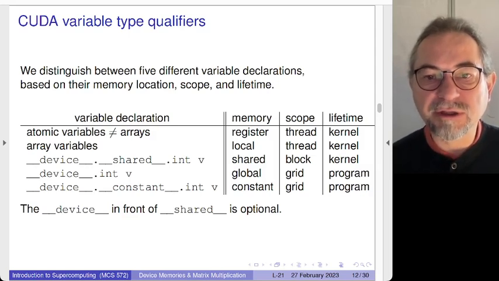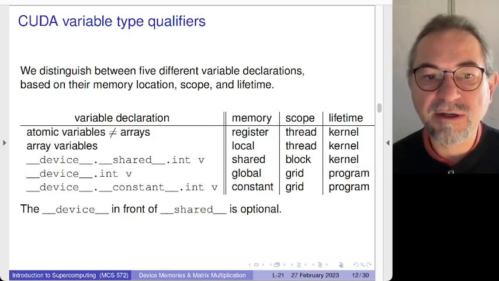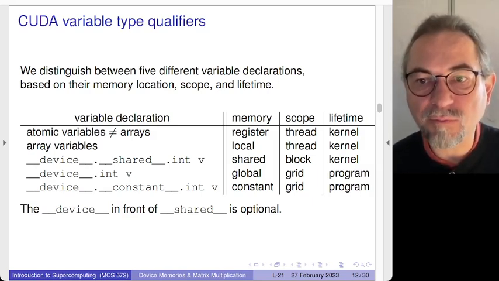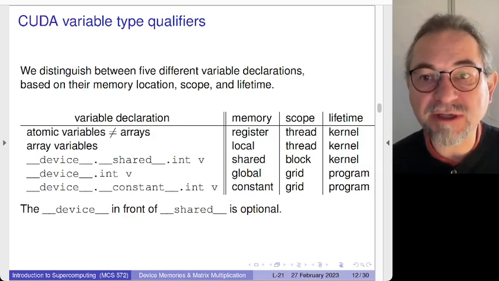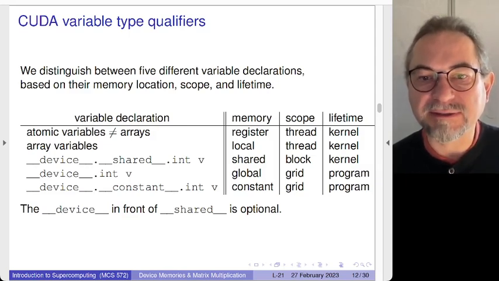So it's important to make the distinction also for the scope. You see local arrays. Inside one kernel function, you can work with a local array. Most likely you're going to put it into the shared memory, because you could in principle have a local variable that is an array, and then only the thread sees it.